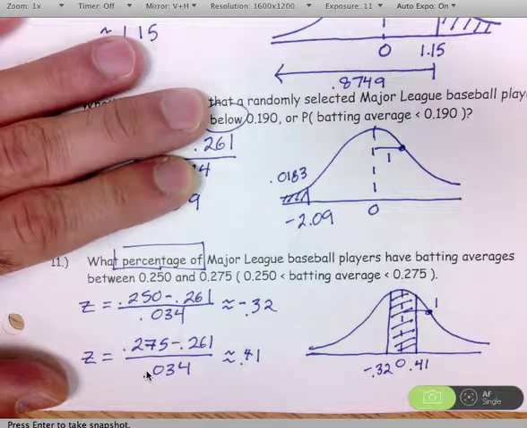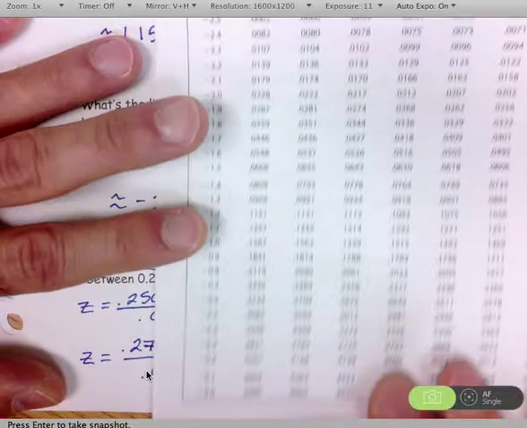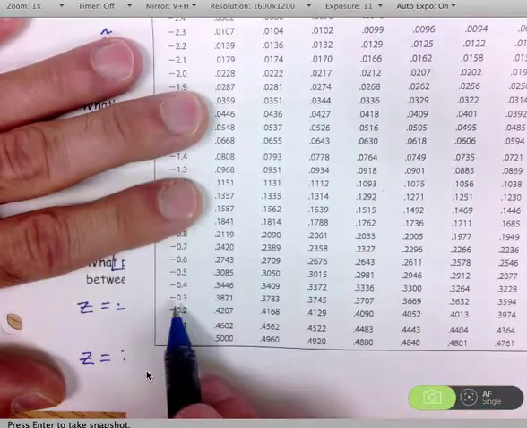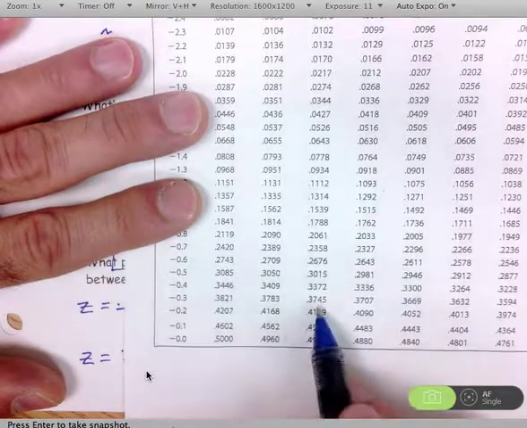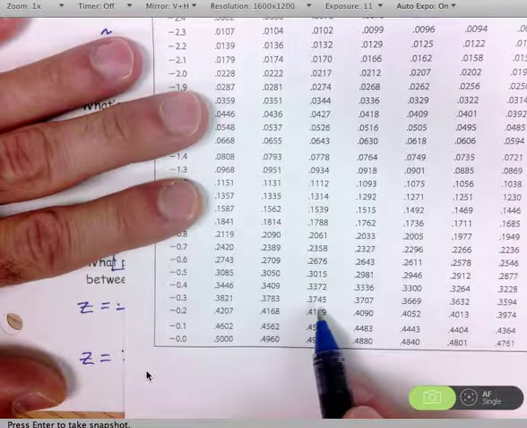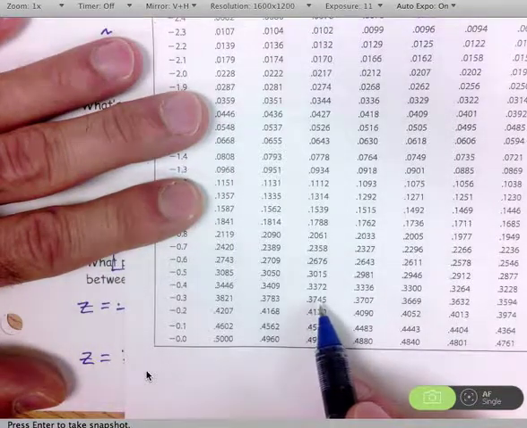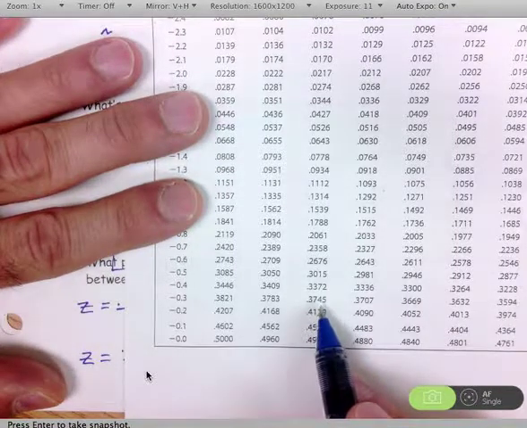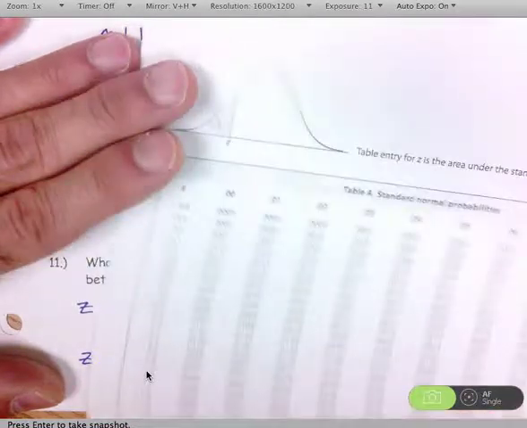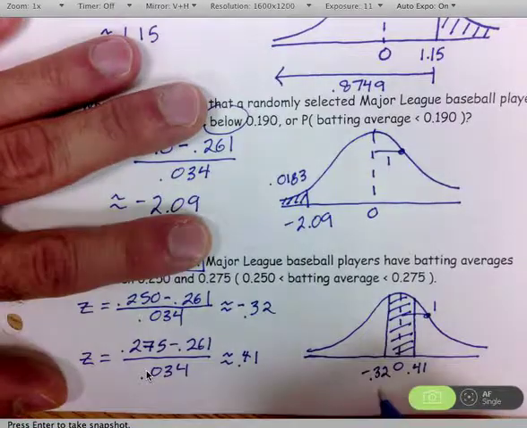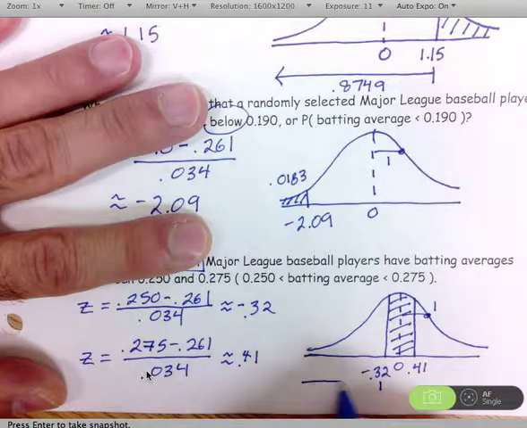So the negative 0.32 I can see right here. Here's the negative 0.3, and we'll have to go over to the 0.02 column to get our value. That's 0.3745. So that gives me this percentage.